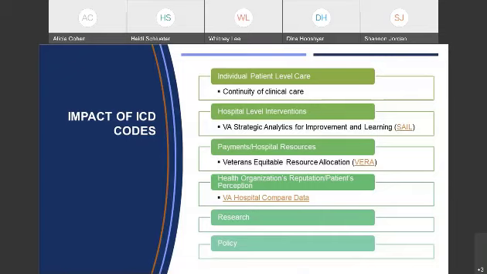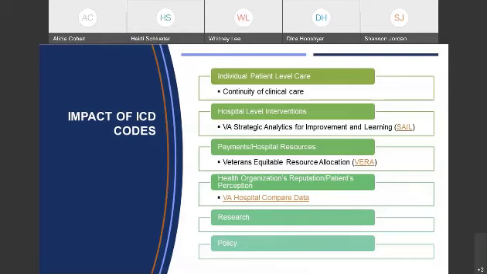Thus, a longer hospital length of stay as compared to the expected length of stay might have nothing to do with the effectiveness of the care we're providing, but rather how we as clinicians and coders are capturing the care that we're providing. In this example, having the admitting diagnosis of UTI would erroneously give a shorter expected length of stay because the patient's really being admitted for sepsis management.